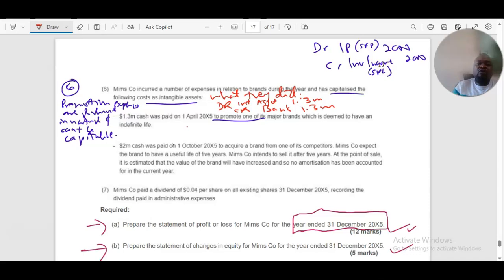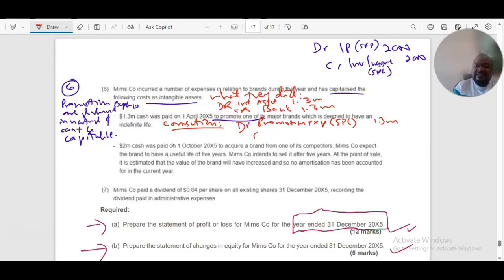But this was wrong. So you must tell the examiner the correction. To correct this, we need to debit promotion expense, statement of profit or loss. How much? 1.3 million.